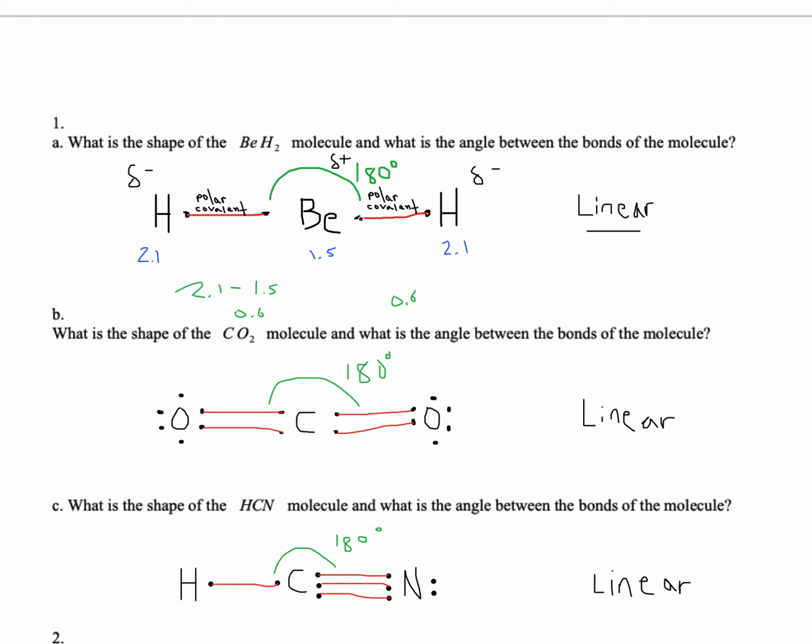And it comes from the idea of these electron groups wanting to be as far away from each other as possible, so that we would get a 180-degree angle between them. Now, the polarity of the bonds there is not going to change the overall shape of this molecule. And so this molecule is going to be linear, with a negative side on this hydrogen and another negative side on the other hydrogen.